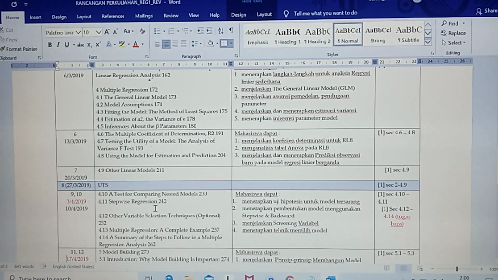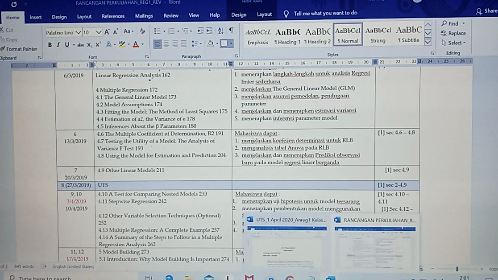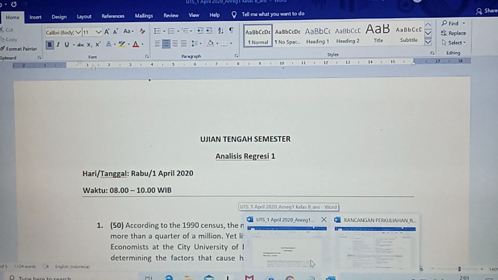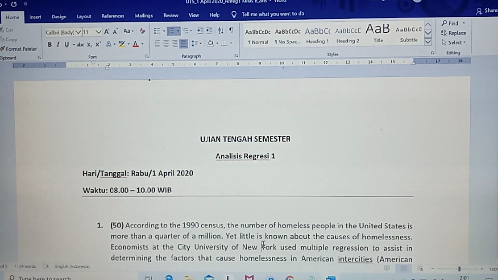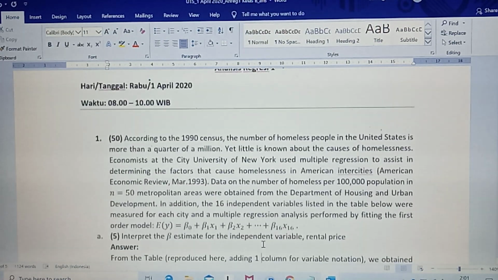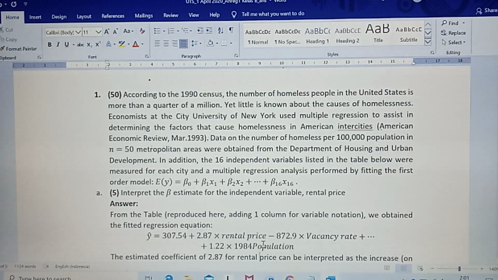Before proceeding to those topics, I think it will be nice for us to discuss a little bit about your mid-exam. So we will have a go at the exam. This is the questions for our exam last week.